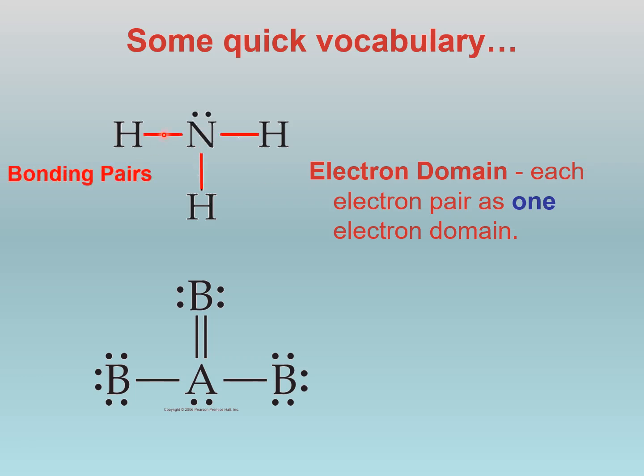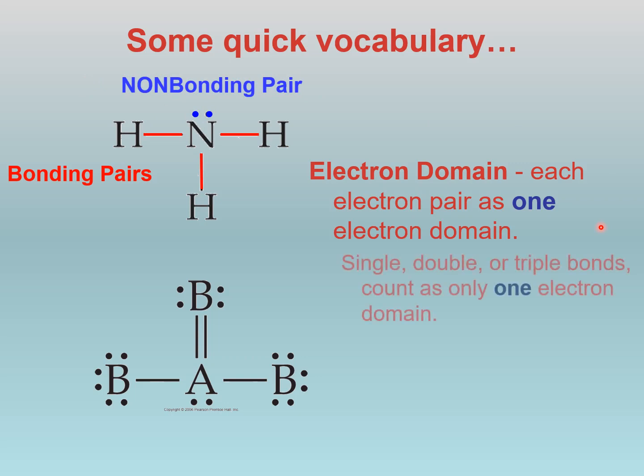Here's your vocabulary. The bonded pairs are the ones that attach from a central atom to a satellite atom, and your non-bonded pairs are these 2 here that are not attached to a second atom. Single, double, or triple bonds count as only 1 electron domain. So in this case, let's look at this other atom down here.